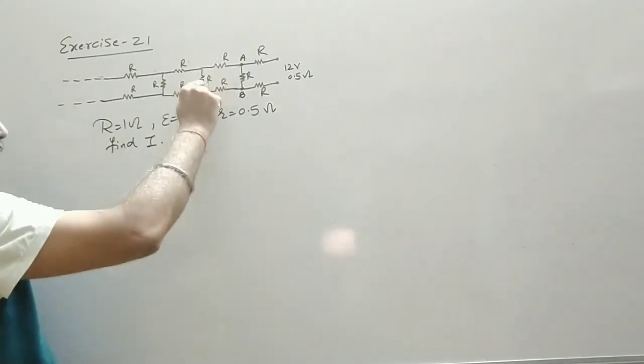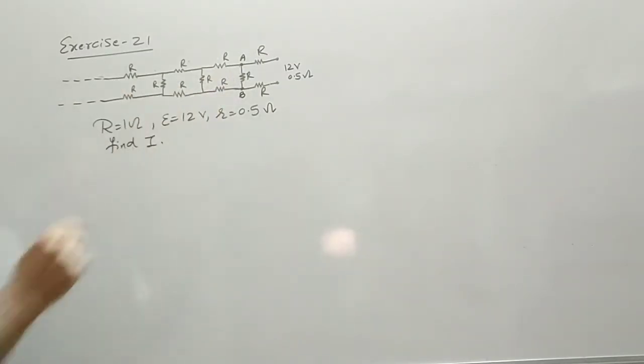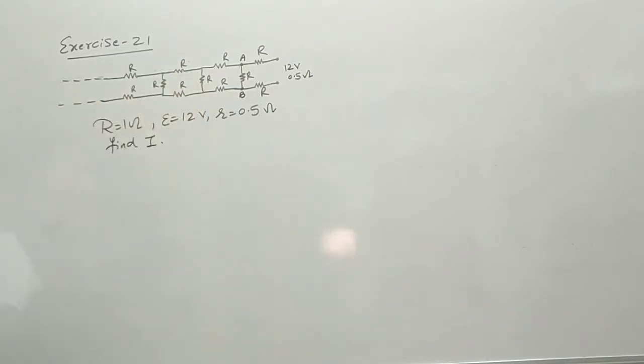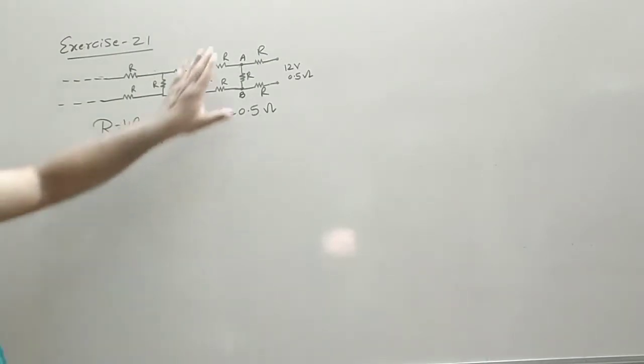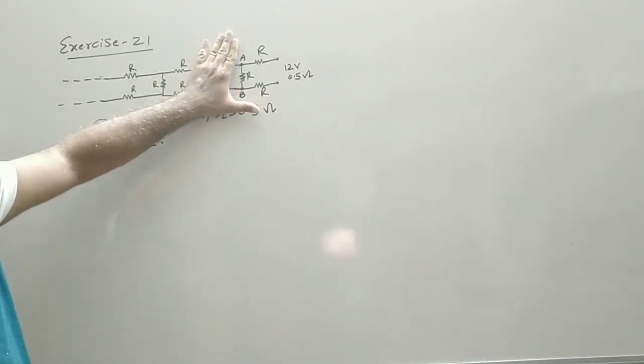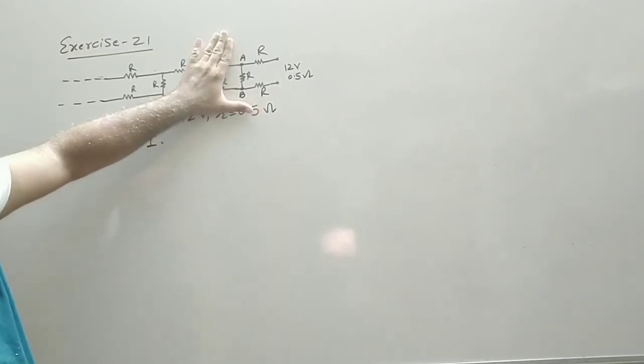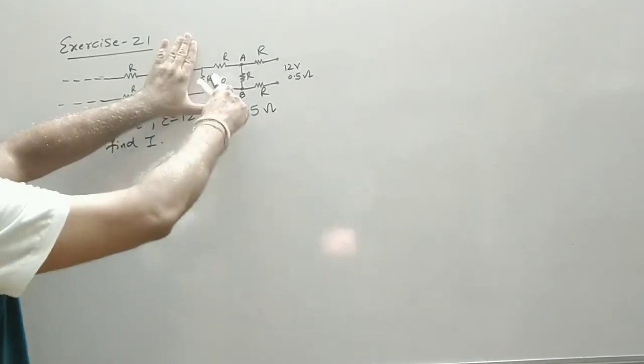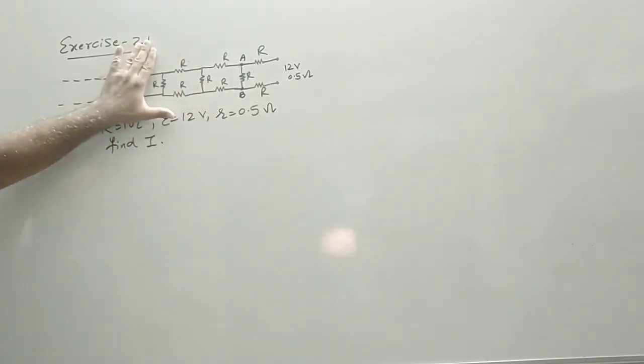Then R, that is another branch. R, that is another branch. So all branches are identical. This is the first branch where you see 3 resistors. This is the second branch, identical branch. This is the third branch.